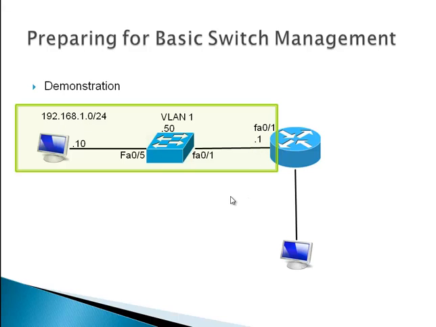192.168.1.1. We're going to configure the switch to have a VLAN 1 switched virtual interface, and that VLAN is going to have an IP address ending with .50. This side is FA00, and this is FA01. The network ID here is 10.1.1.0. All the configuration is done on this side, except that we're going to configure the switch.